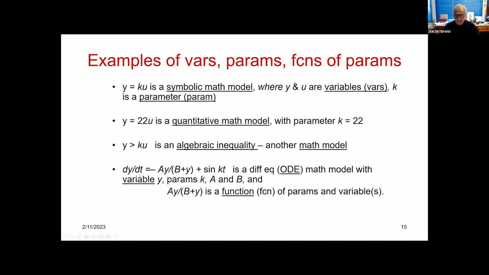And then, of course, here's a nonlinear differential equation. I make a big fuss about this Michaelis-Menten type function, ay over b plus y, being a function of parameters and variables. And in fact, most of the modeling I do is with these functions defining the arrows in the model.